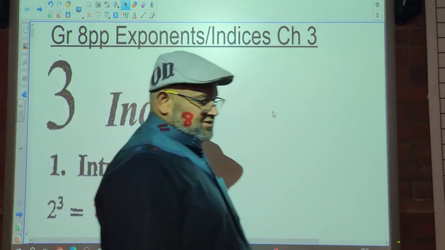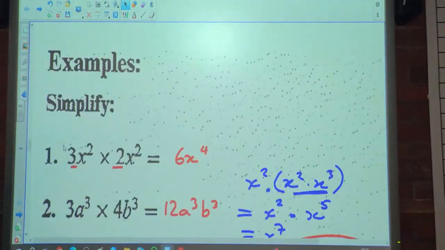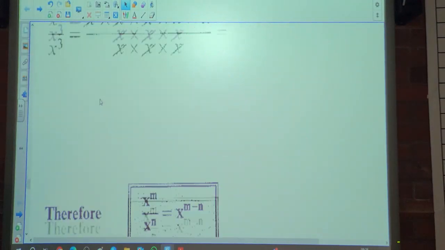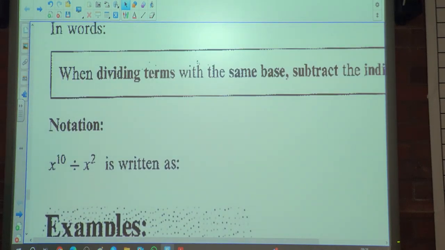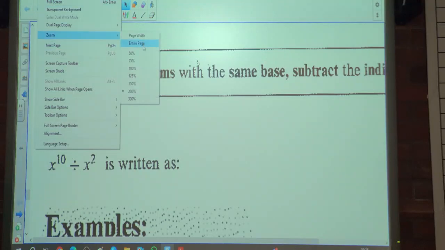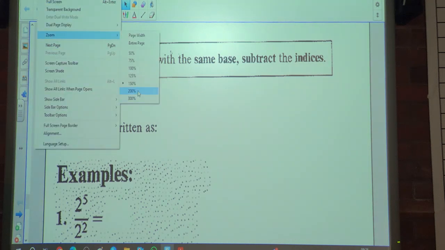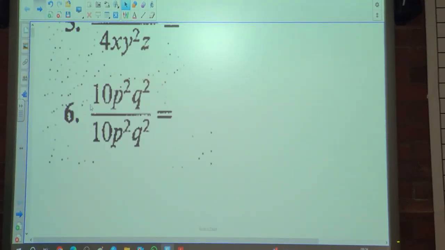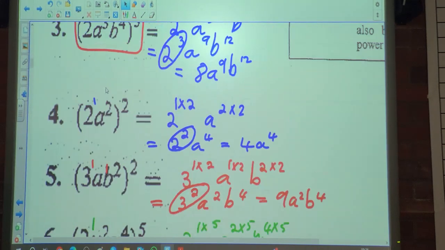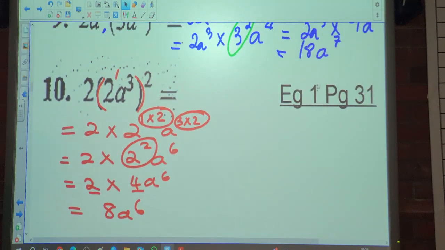Today we're looking at exponents and indices. We're looking at the second part of the example for exercise 3 on page 33.